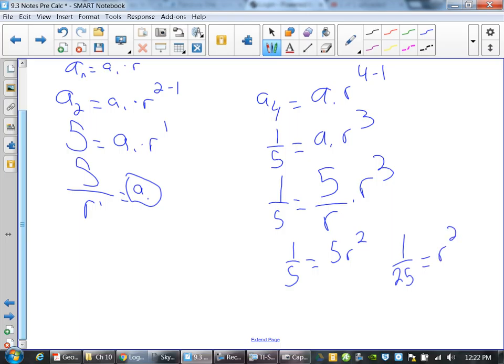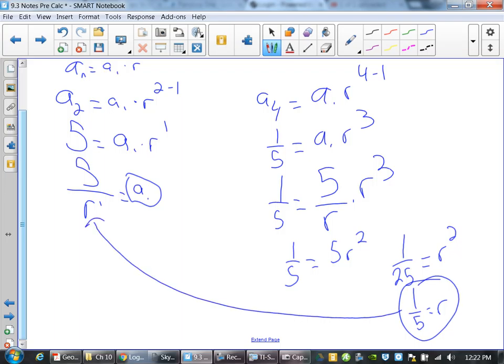Therefore, your rate is 1/5. So if your rate is 1/5, what's 5 divided by a fifth? 25. So your nth rule would be 25 times 1/5 to the n minus 1.